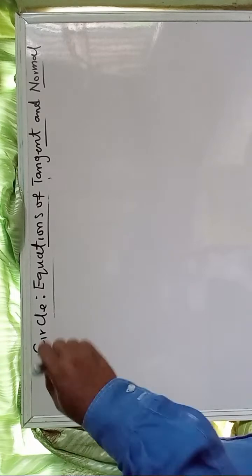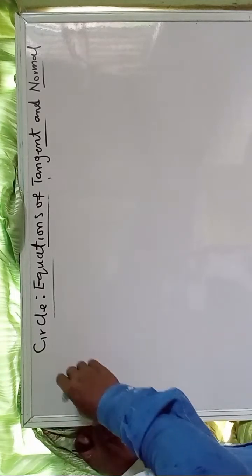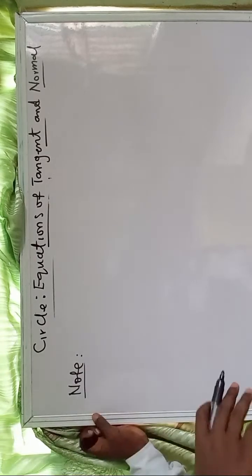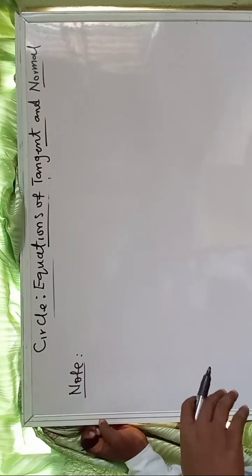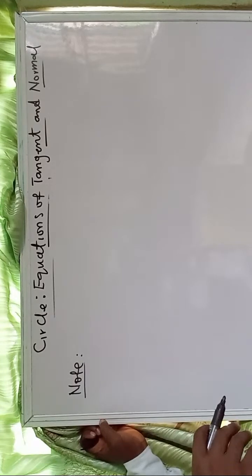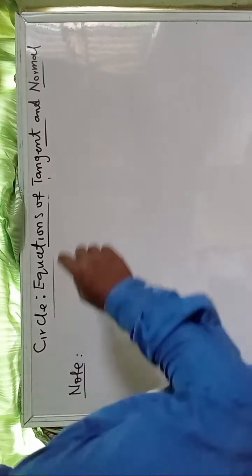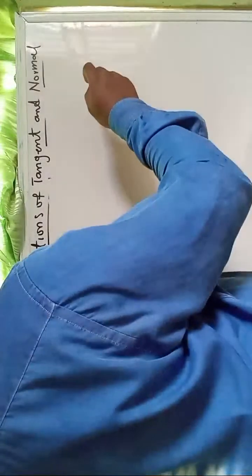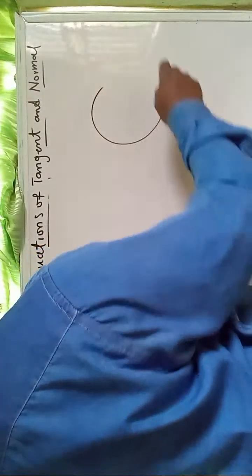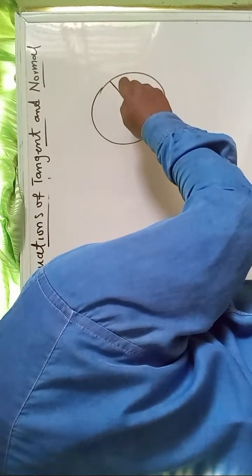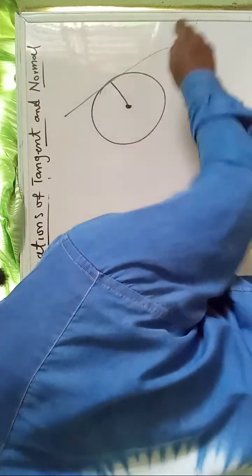So I want to note 2 things from here. The first thing I want to note is that the tangent to the circle is perpendicular to the radius. Let's have the diagram here so that when we are making such a comment, one can vividly look at this and compare.